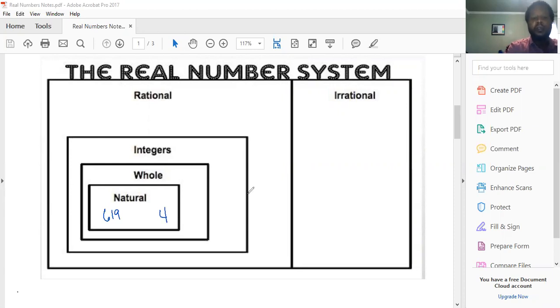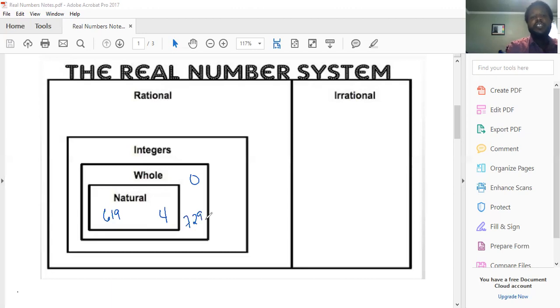A whole number includes natural numbers, but then it adds 0. 0 is also a whole number, but 0 is not a natural number, okay? Another example of a whole number would be 729. That's also a whole number, okay?